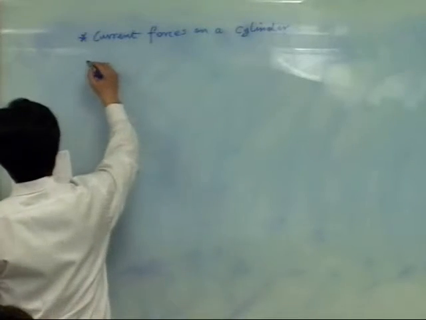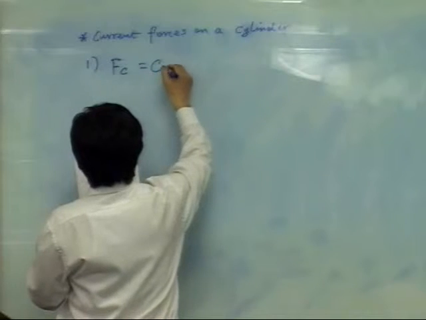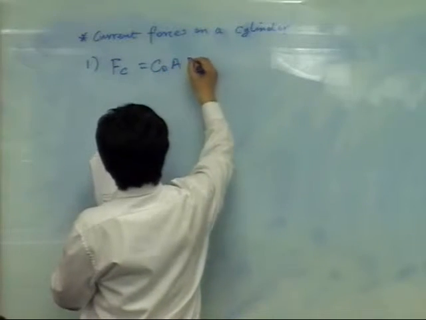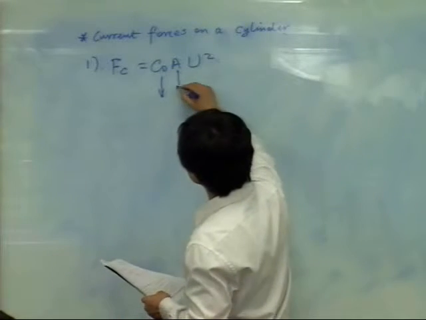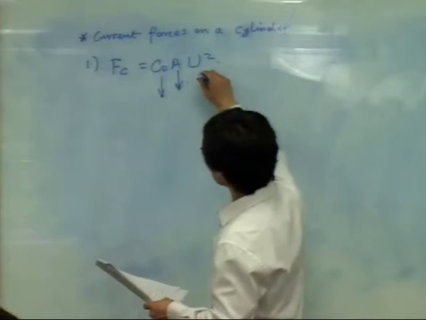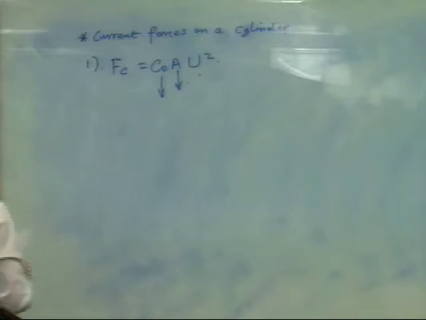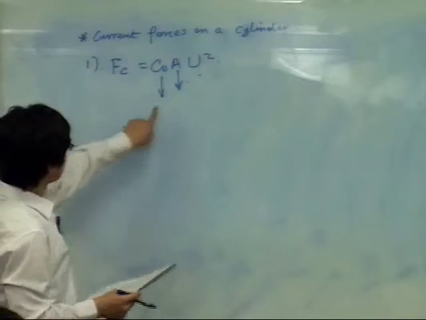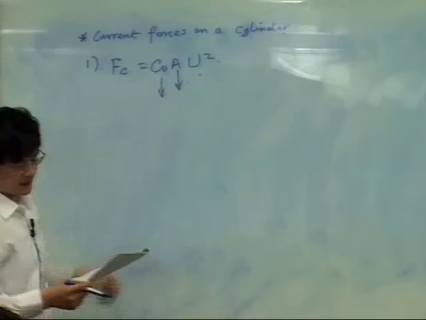In general, we use this formula: here is the drag coefficient, this is the projected area, and this is the current velocity. It's very simple, and the difficulty is how do we determine this CD?